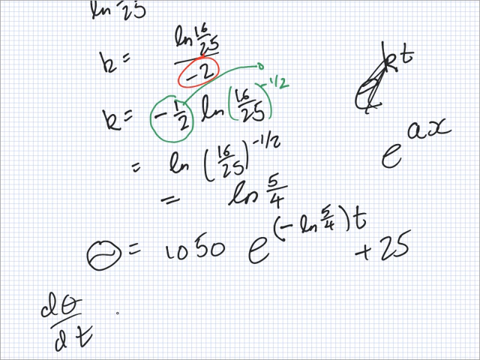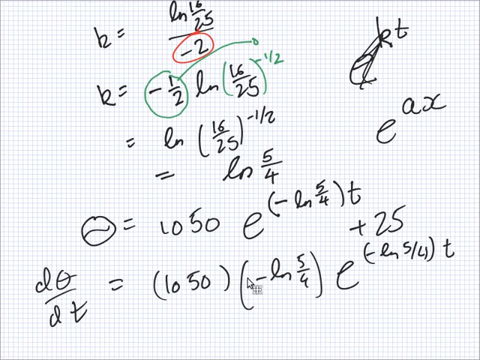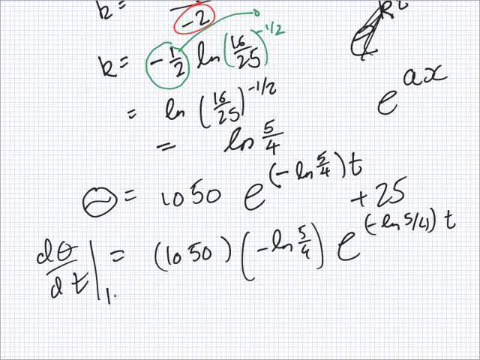So this becomes 1050 times minus ln 5 over 4 e to the minus ln 5 over 4 t. And the 25, its derivative? 0. And what did they say the t is for this one? 14, like this, yeah?